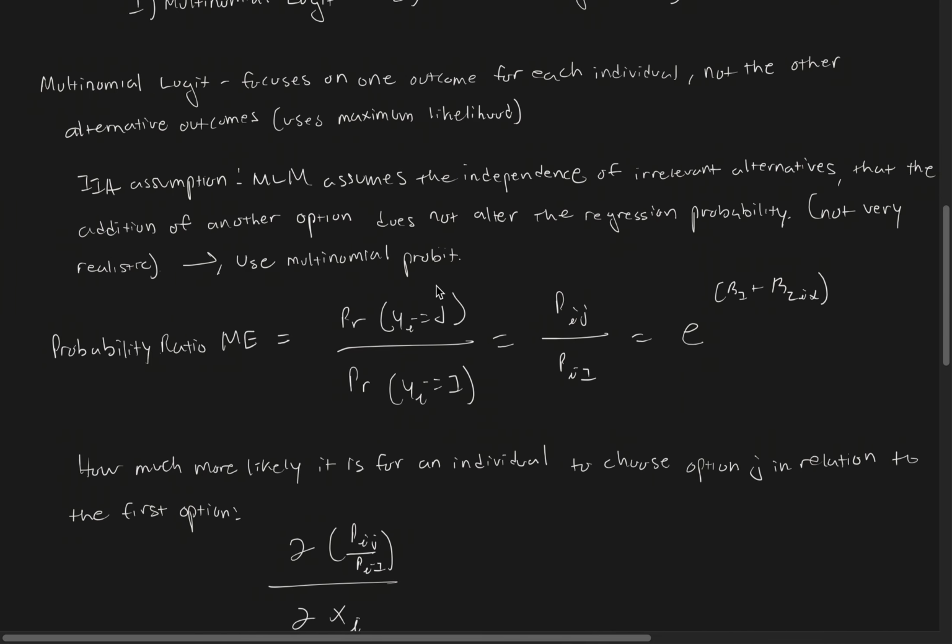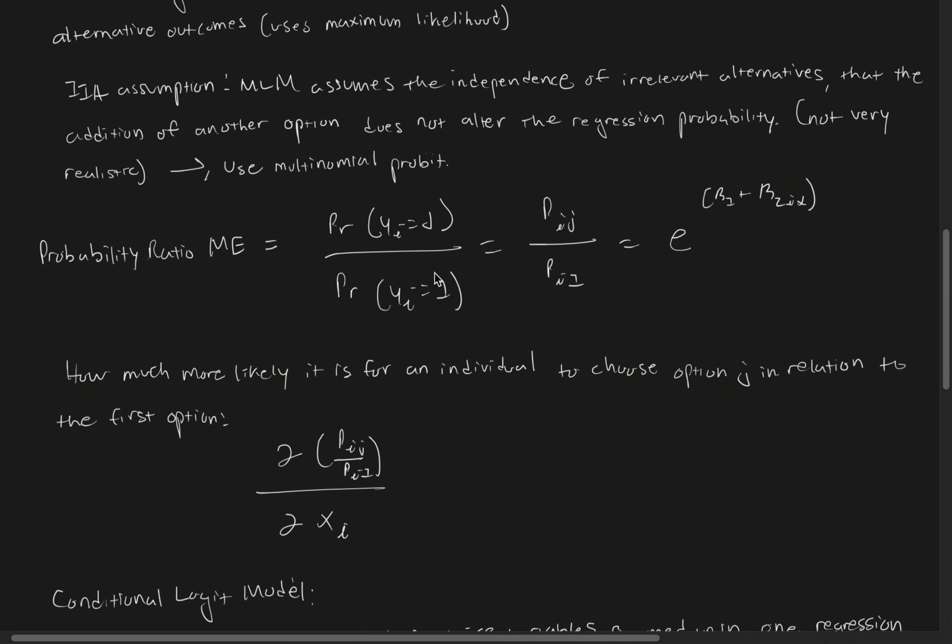All right. So for the multinomial logit, we find the marginal effect with the output being the probability of an individual choosing a specific behavior.